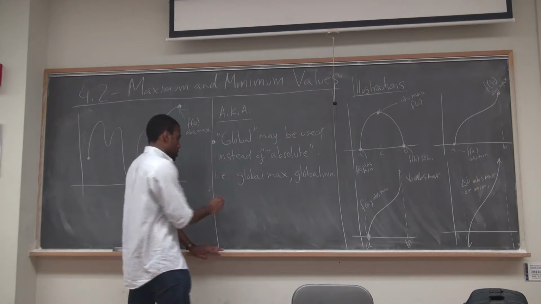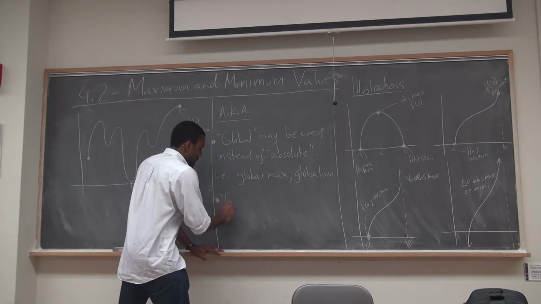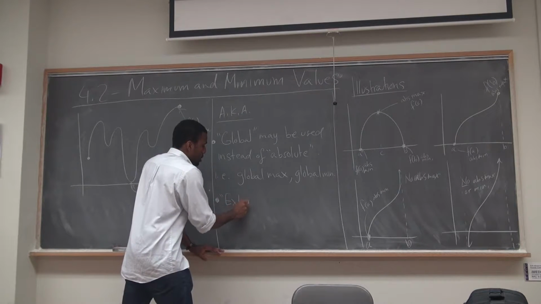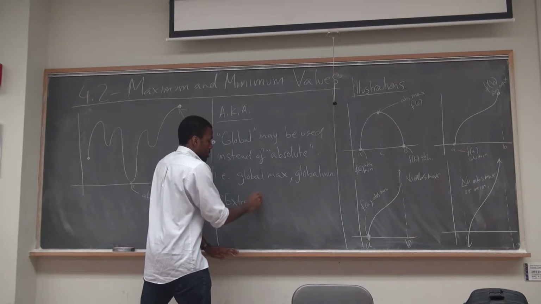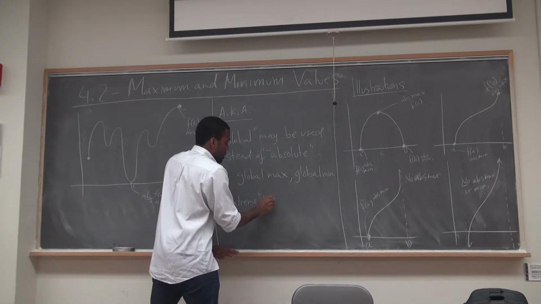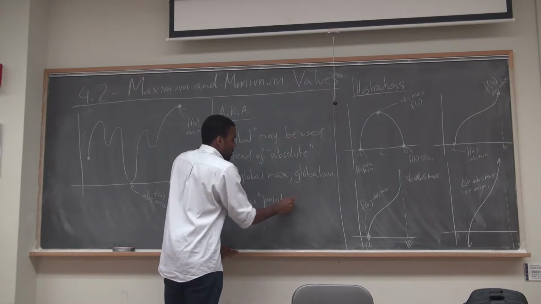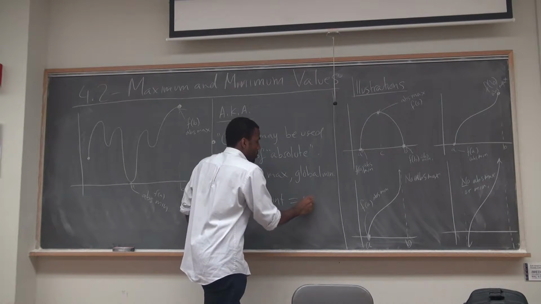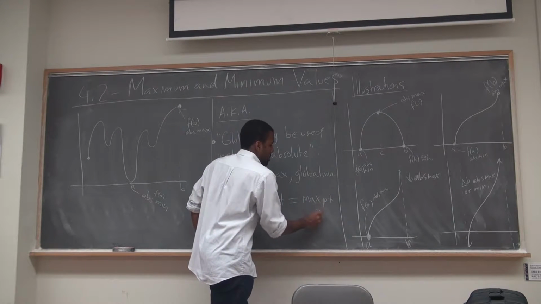Another thing you might want to know is that there's the idea of using extreme. So an extreme point is the same as a max point or a min point.